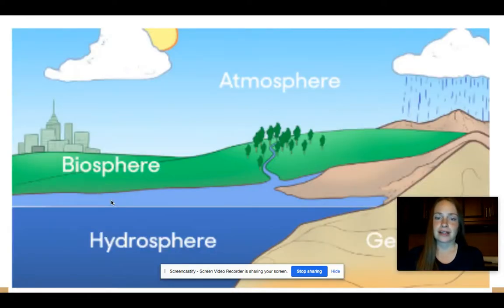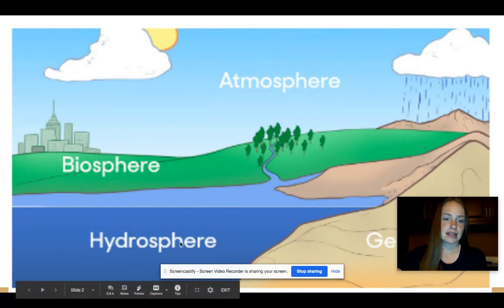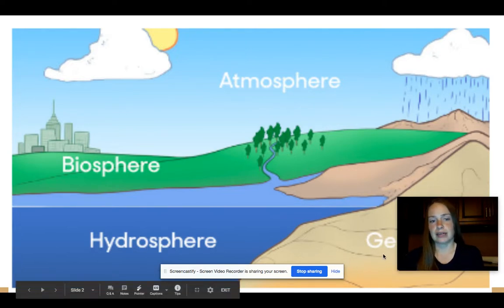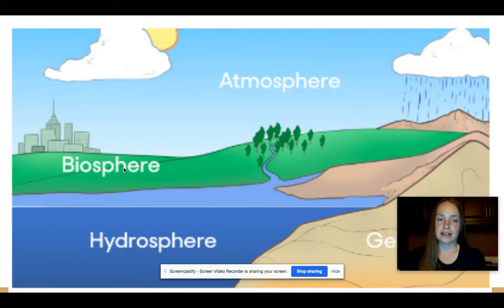So that kind of gives us a representation of the spheres of Earth. The atmosphere here is that thin layer of gas, and then the hydrosphere is the water, and the geosphere or lithosphere is any land on the Earth. And the biosphere here is any life on Earth.